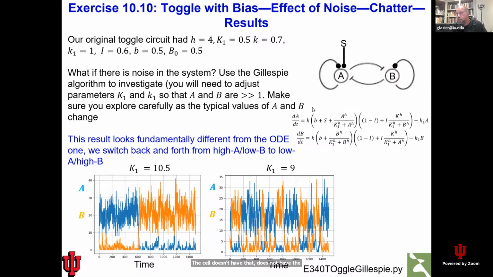And in addition, there's only one binding site for the transcription factor. So that number can't be big. And so this is what's called chatter. And in this case, no matter how many times we run the simulation, the results are going to be qualitatively as well as quantitatively different from the ODEs.